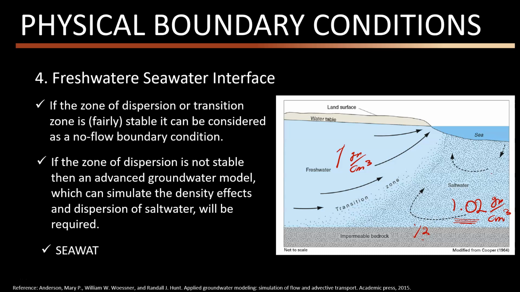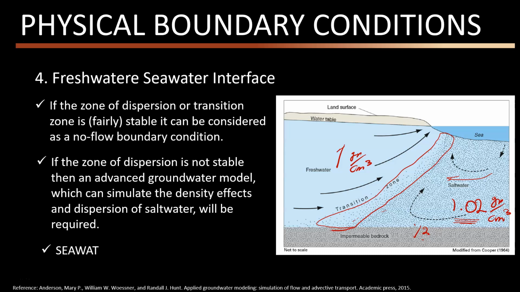In this system, this is salt water and this is fresh water, and due to the density differences, technically these two different waters don't fully mix with each other except in the area which we call the transition zone.